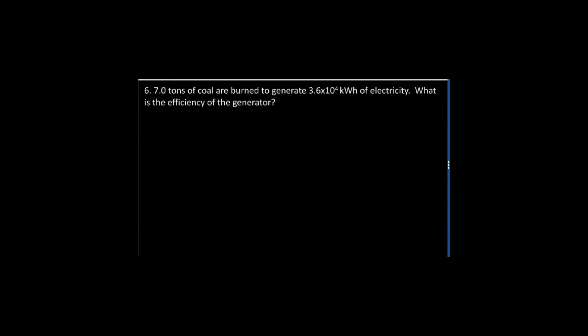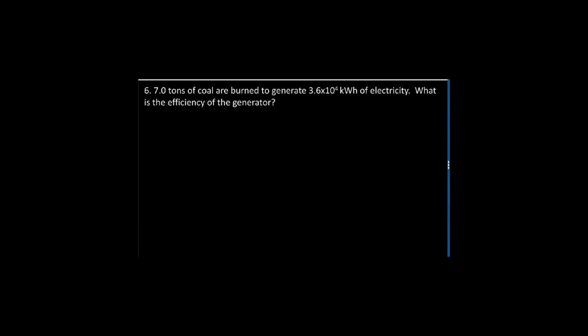Now, number 6. So in this one, we have 7 tons of coal burning, and we're generating 3.6 times 10 to the 4 kilowatts of electricity. So what is the efficiency of the generator? Okay, so this is showing us how many kilowatts.